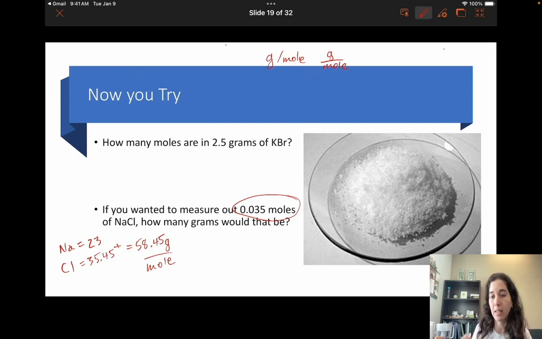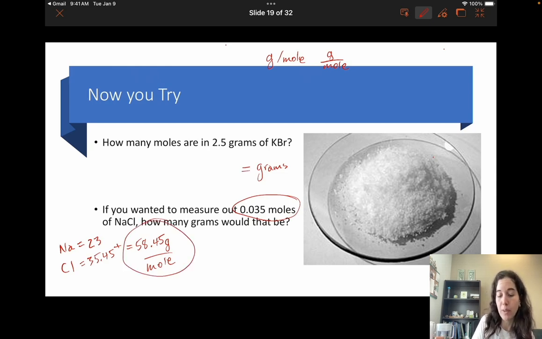So we need to set it up in a way that we're solving for grams this time. We're finding grams. We're headed to grams. We have this conversion factor, and we know how many moles that we're starting with. Okay, so see if you can solve this one on your own. There will be a quiz question that asks you about this, so feel free to write this down.